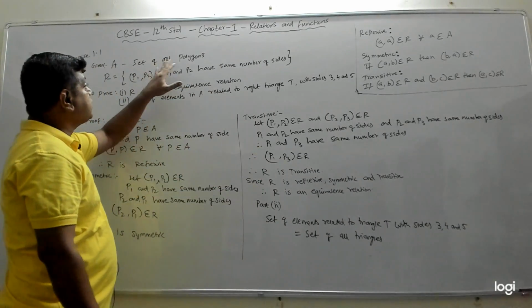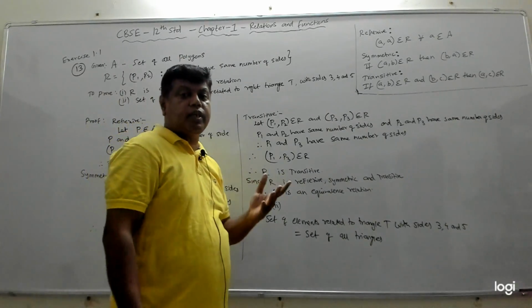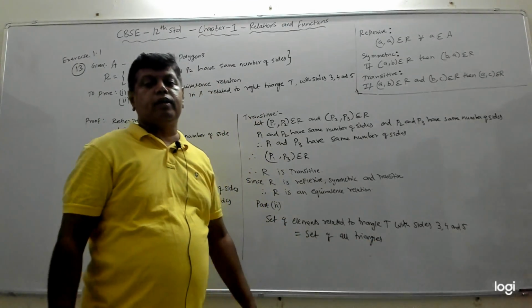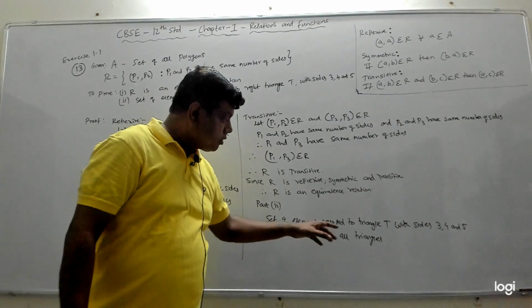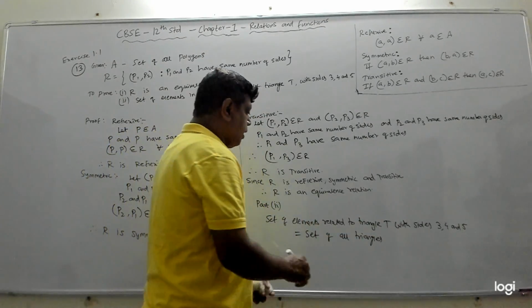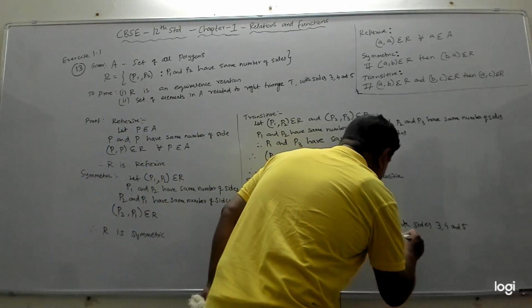All the polygons with 3 sides, which are all the triangles. So the set of all elements related to triangle T will be equal to the set of all triangles in set A.